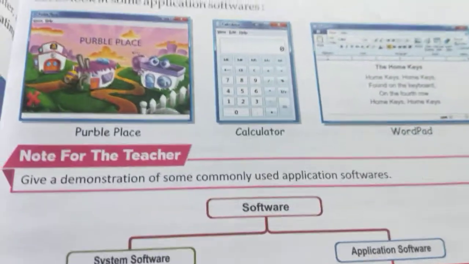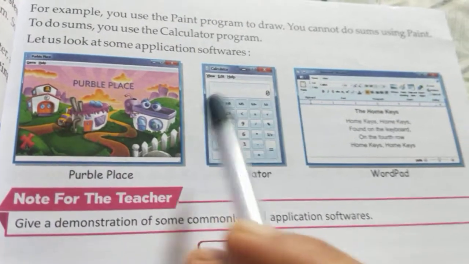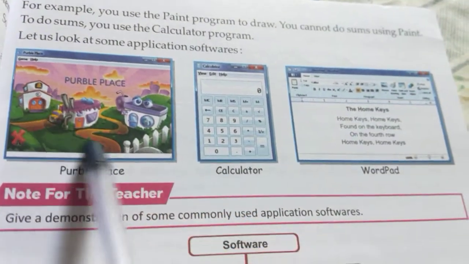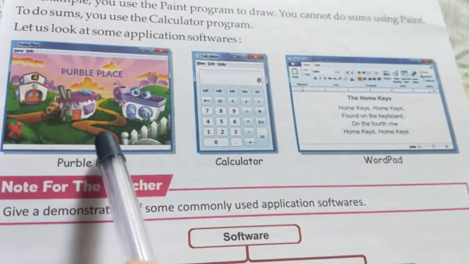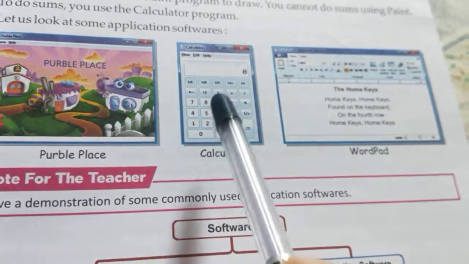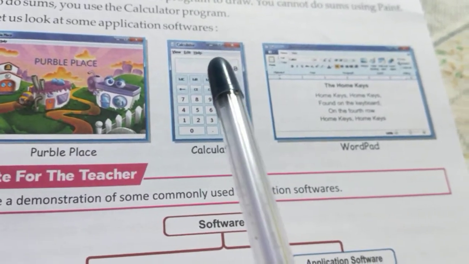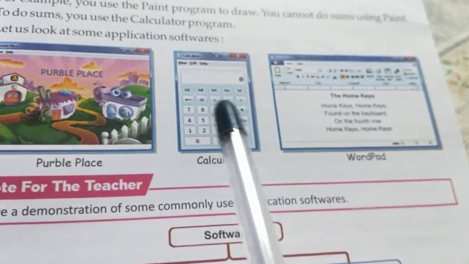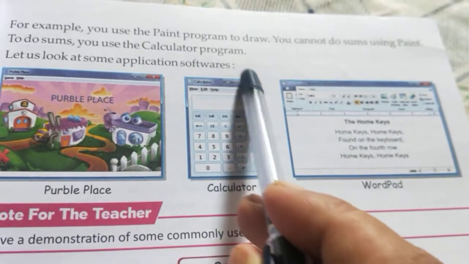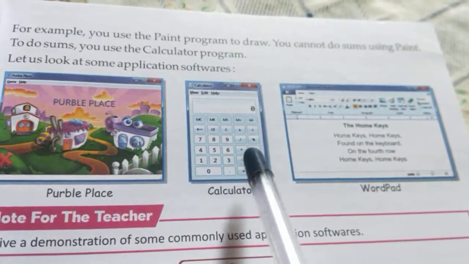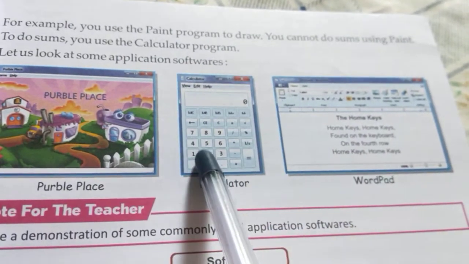Now if you want to play a game, you have to choose a certain software. Now if you want to do calculations in your computer, you have to use a calculator software.